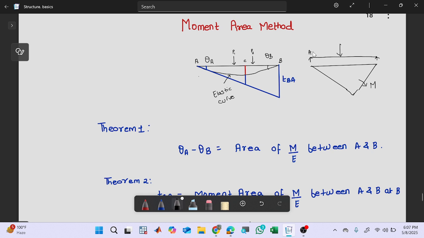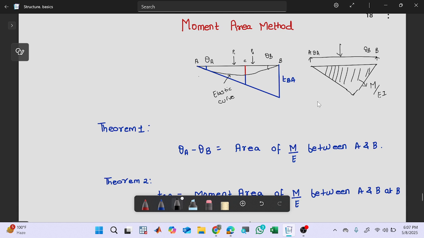Then if this is point A and this is point B, what is the difference between the slopes, theta A minus theta B? It will be simply the area of the M by EI diagram. This is the moment diagram, and if we divide by EI, the difference between slopes is this area only. So this is theorem 1.